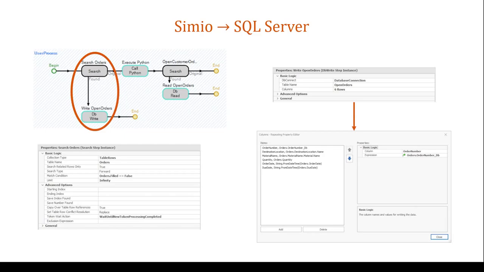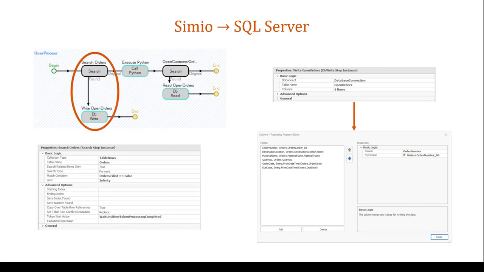So the tokens that are created by the search step and flow out of the found branch will have references to rows in the orders table. For each of these tokens, the DB write step writes one new record to the SQL Server database table that is specified in the table name property of the step.